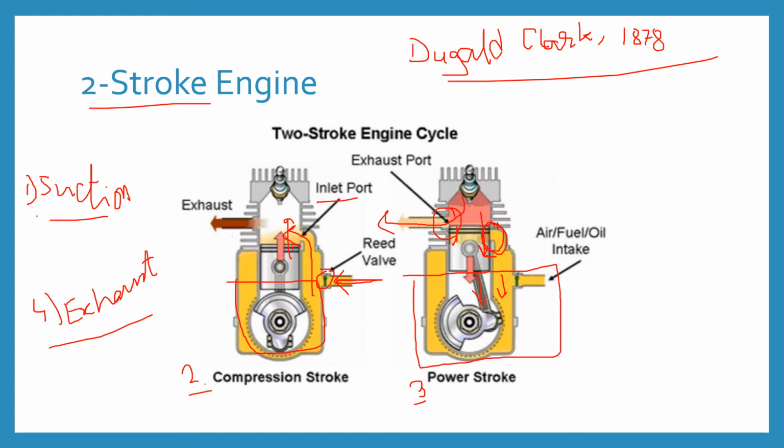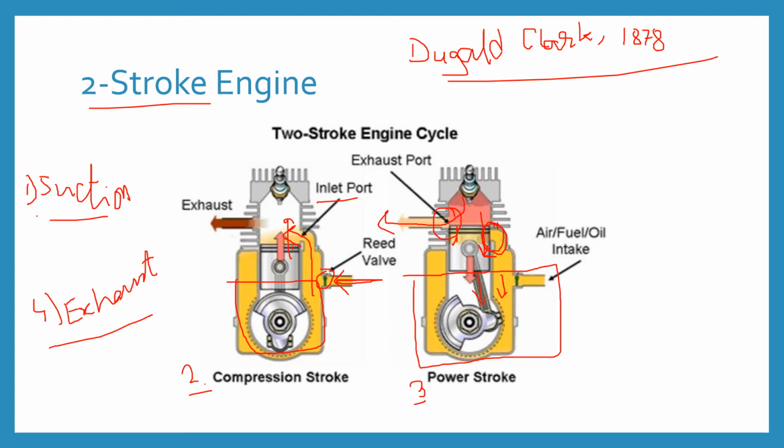When the piston moves from the TDC to BDC, it compresses the fresh air present in the crankcase of the cylinder. After the piston moves down from TDC, there is an exhaust port, and through the exhaust port the combustion products will be exhausted to the atmosphere.